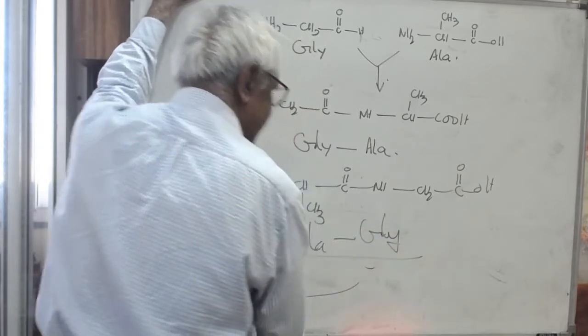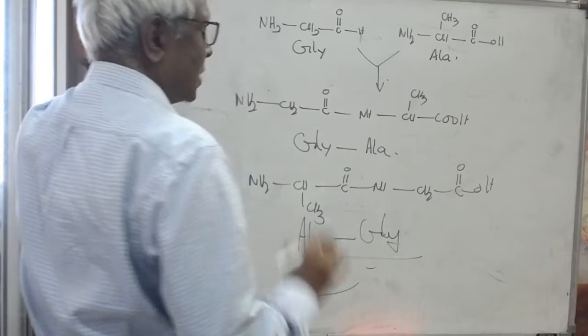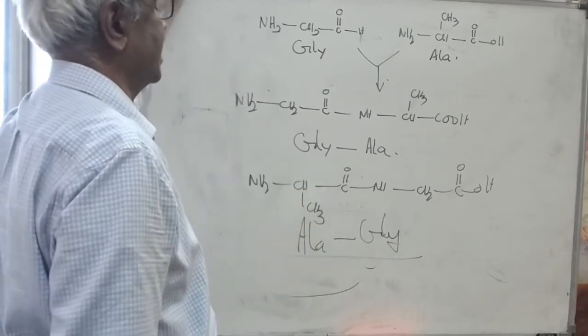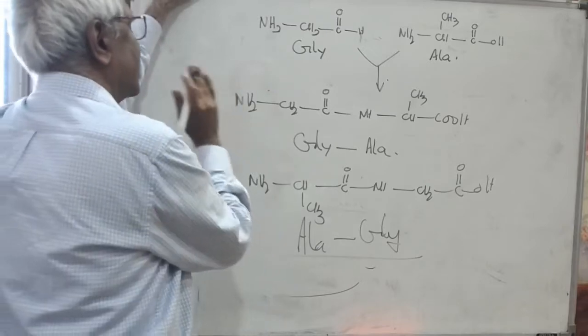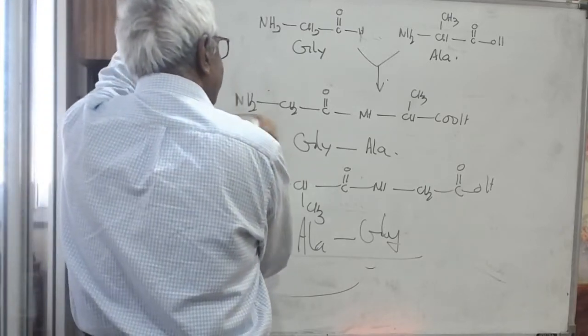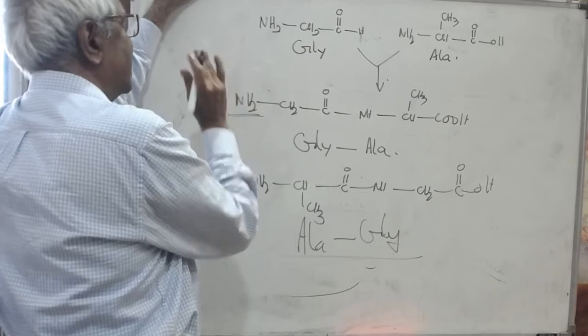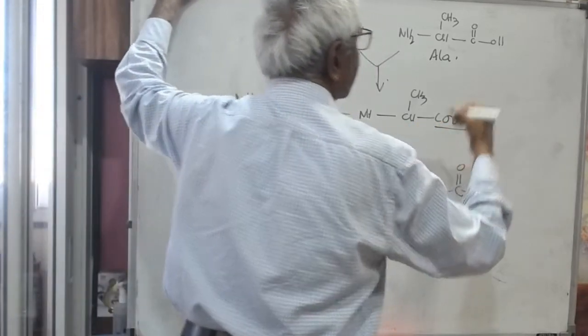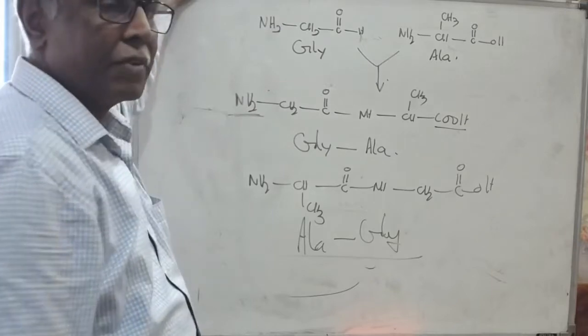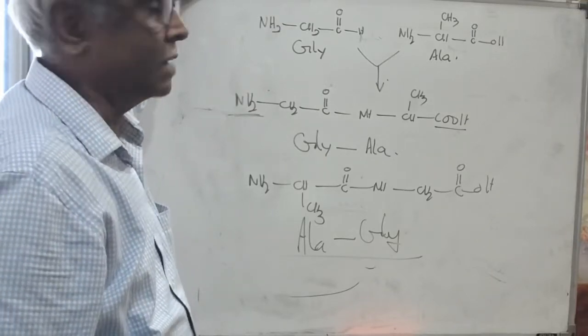This is written as ALA GLY. Now, when you write a structure of a peptide, dipeptide, tripeptide, or a polypeptide, you have to start from the amino terminal, and the amino terminal should be on the left side and the COOH terminal should be on the right side. That is the convention of representing a peptide.